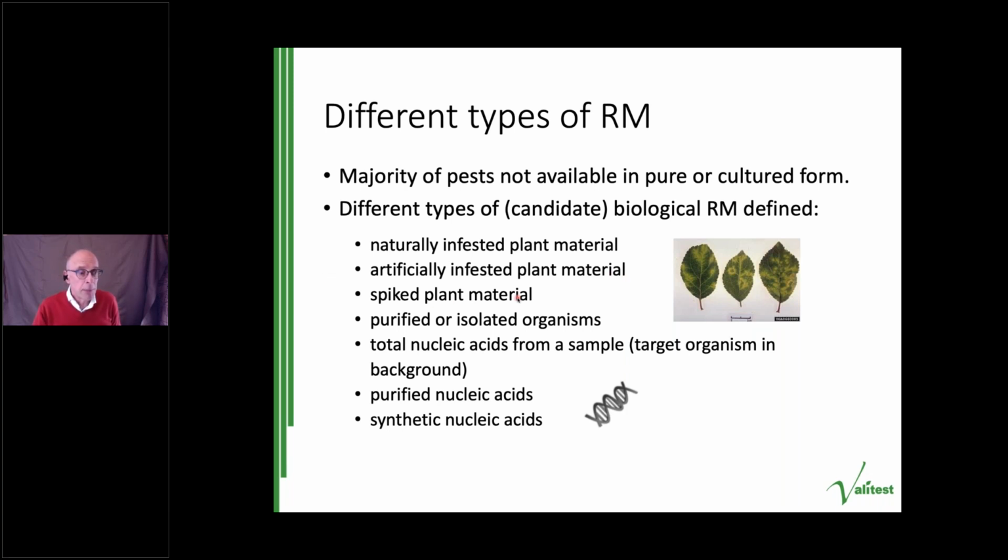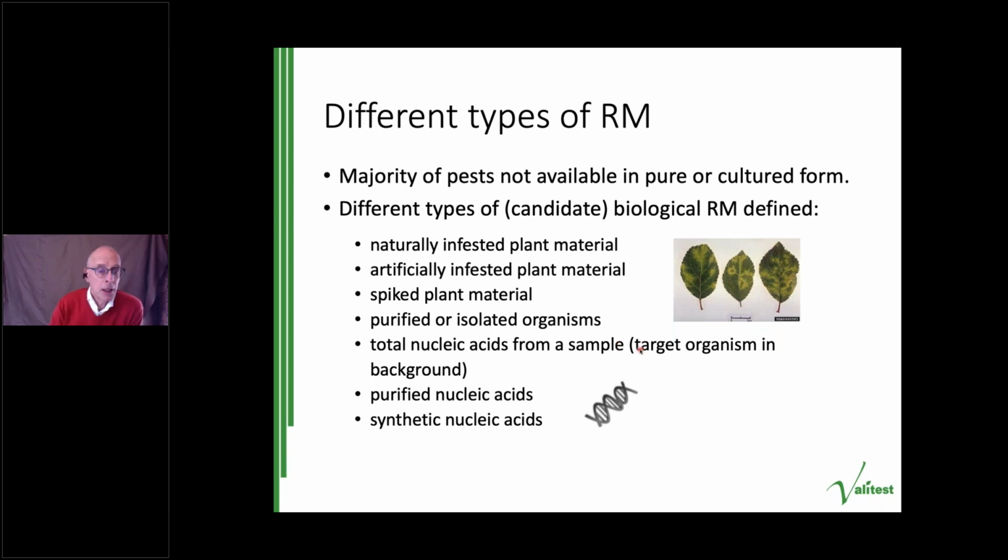You can have spiked plant material, like we just saw in the previous slide, whereby you take healthy plant material and you mix it with a bacterial suspension. You can sometimes use the purified or the isolated organisms. You can have total nucleic acids from a sample. So, for instance, a PCR reaction can be based on an RNA or DNA extraction from a sample.